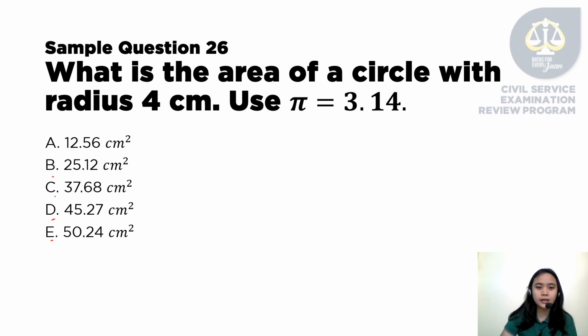So, dito naman sa number 26, hinahanap natin yung area of a circle. Area of a circle is equal to pi r squared. So, given tayo ng radius, ano daw yung radius natin? Equal yan sa 4 cm. Given din tayo ng value ng pi. Pi natin ay 3.14.